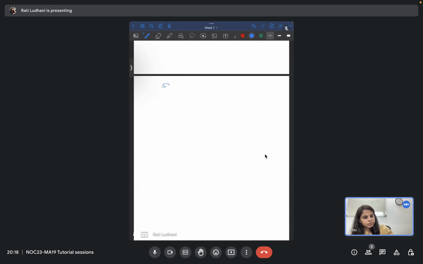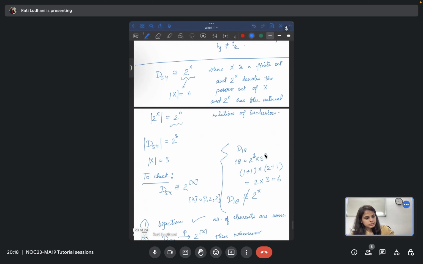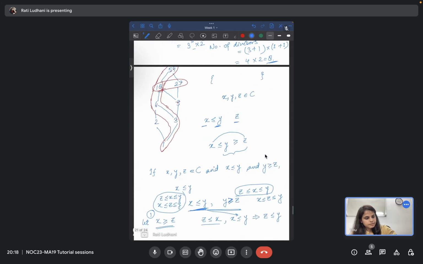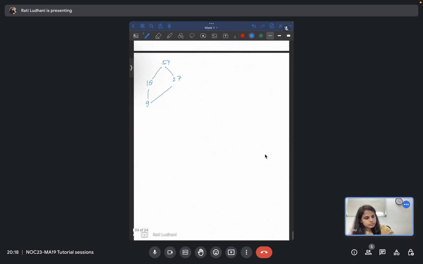You have 54, 27, 18, 9, 6, 3, 2, and 1. This was your Hasse diagram. Now let's construct it for 1 2 3.